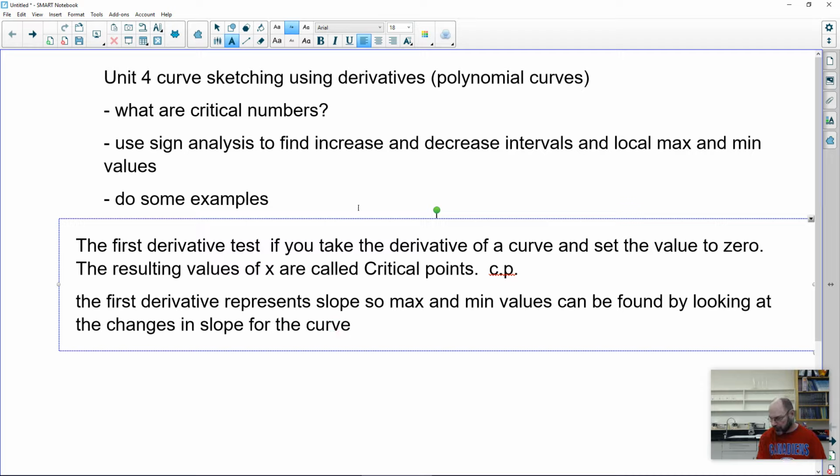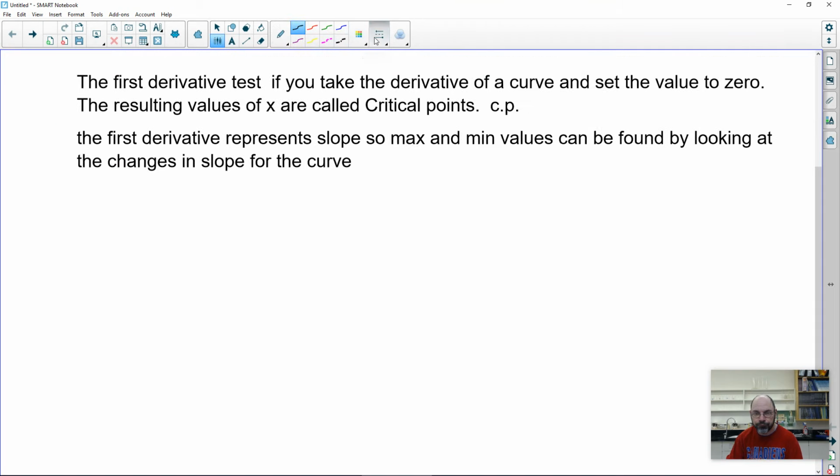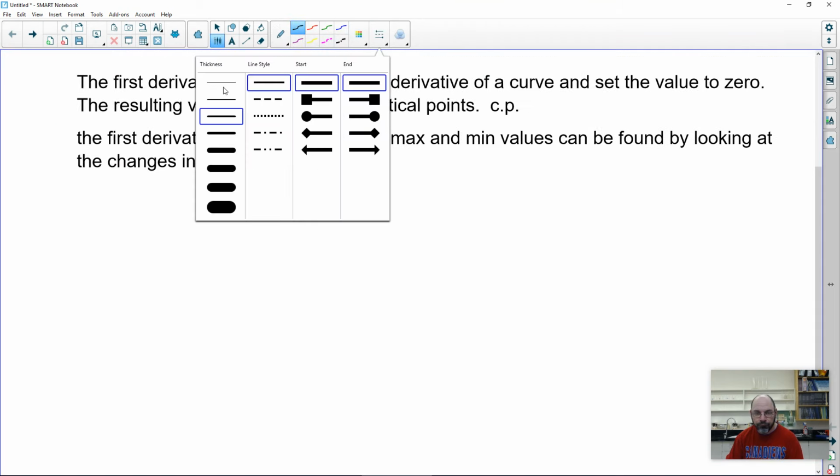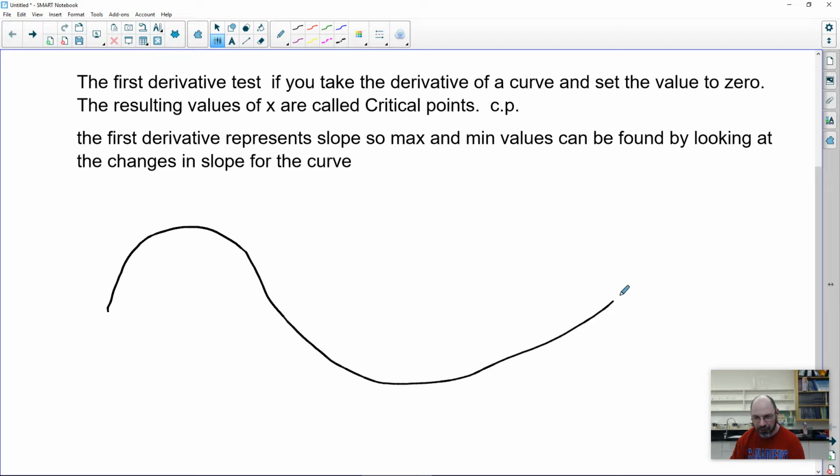If we don't draw the curve out, we can just look at the values of it. For example, if you have a maximum, which is a hill, here's a max, and I'll put a min here.